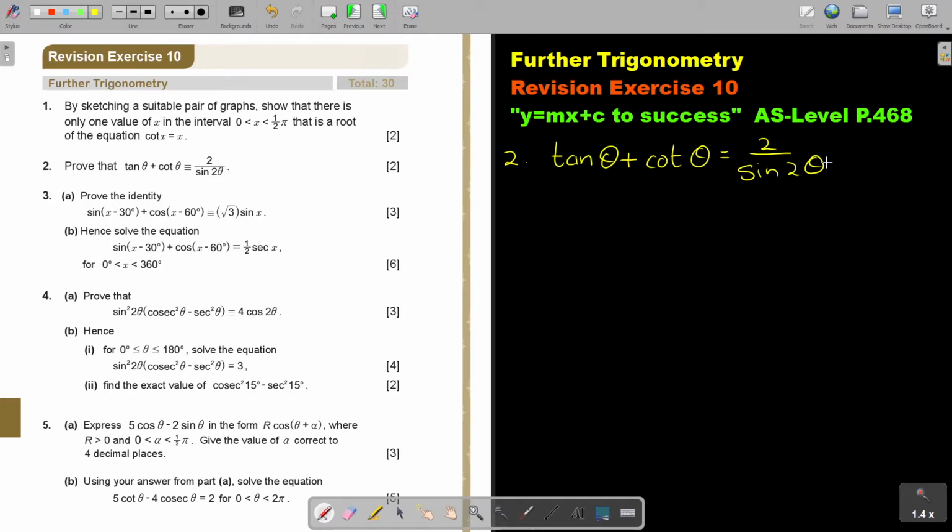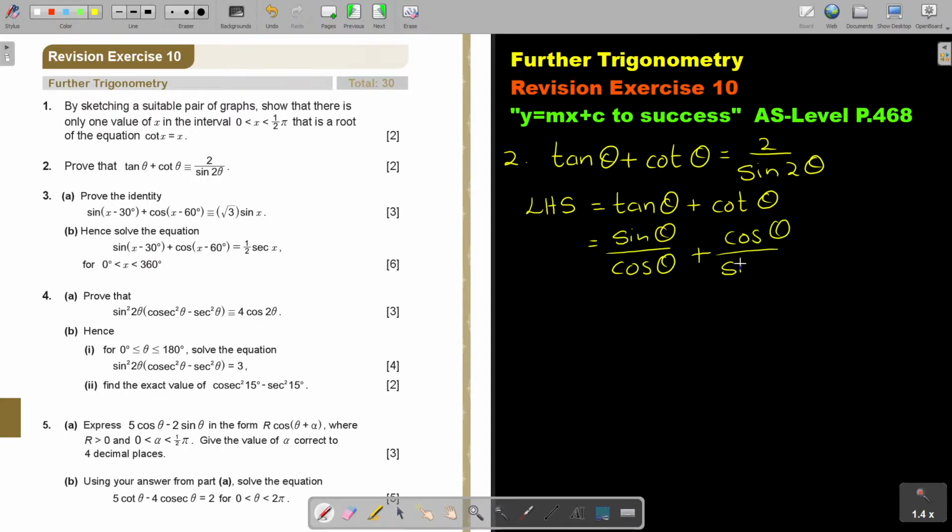But let's first start with the left-hand side, because that's how you prove. We first rewrite it. So it's going to be tan theta plus cot theta. Because I see sin there, I usually break it up in sin and cos. Then I make the denominators the same. Just for explanation's sake, I'm multiplying sin theta, cos theta, cos theta.